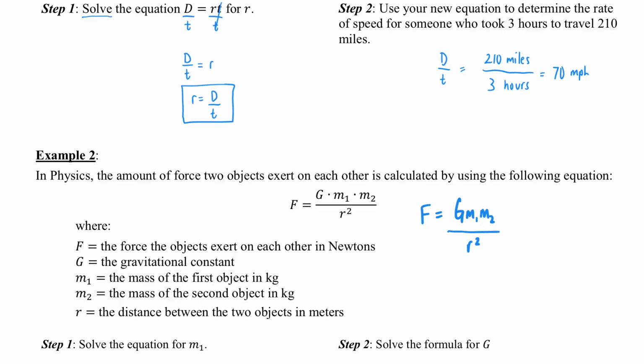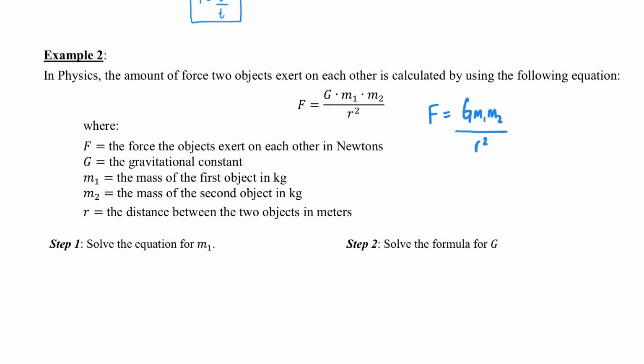M2 is the mass of the second object. And R here is the distance between the two objects. And because we do this in the metric system, the masses are in kilograms instead of pounds, and the distance is in meters instead of miles or feet or whatever. So what they want us to do here for step one is they want us to solve the equation here for M1. They want us to get M1 all by itself.